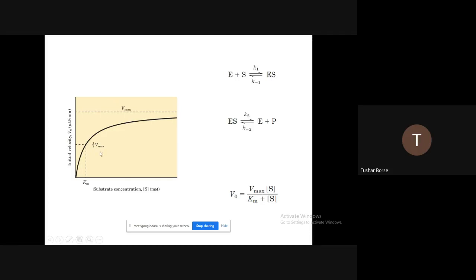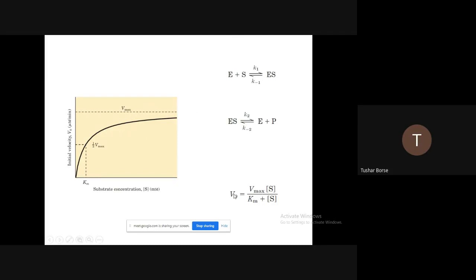You can see some steepness in the slope of the graph, but at higher concentrations, if you go further, you see that the velocity is not increasing, it remains constant. So you are getting a plateau region, which is similar to the stationary phase of your bacterial growth curve, right? That indicates that the enzyme is saturated, or we have reached a stage that is called the maximum velocity, right?